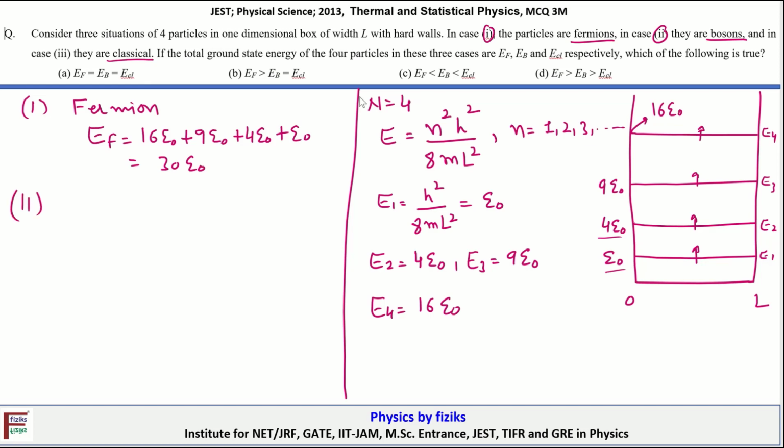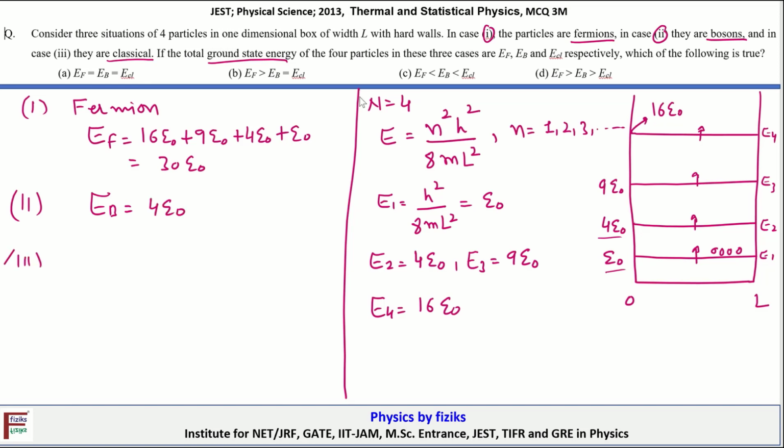In the second case, when we treat the particles as bosons, we have to make a comparison of ground state energy. Unlike fermions, we can put all the bosons in the ground state with energy E0. So the corresponding energy for a system of bosons will be E_B equal to 4 times E0.